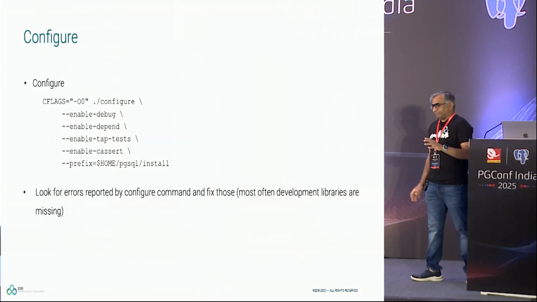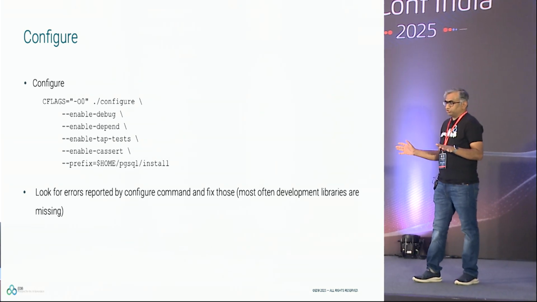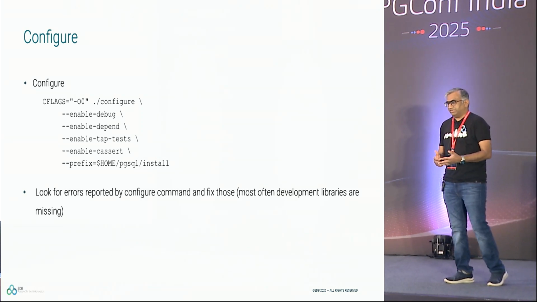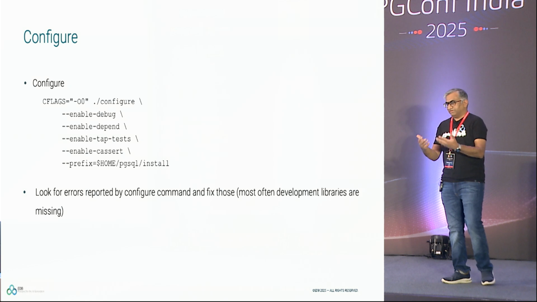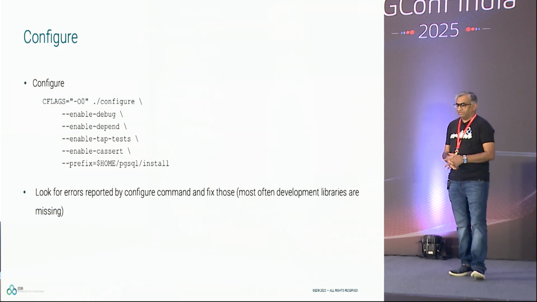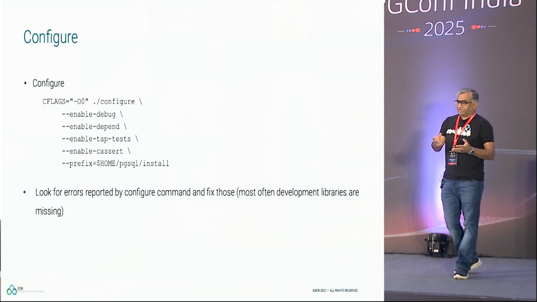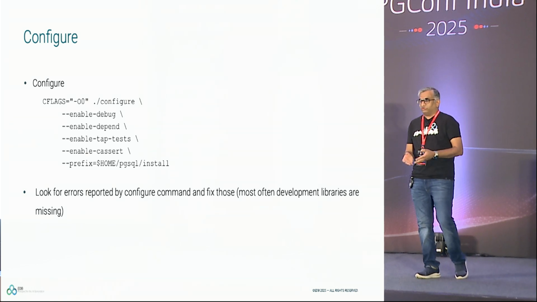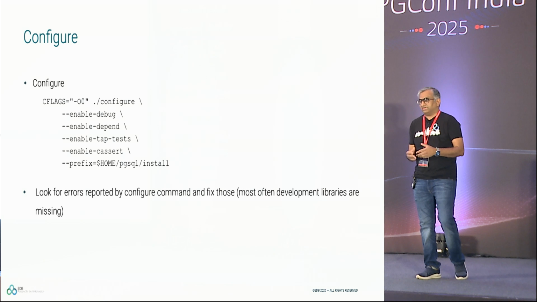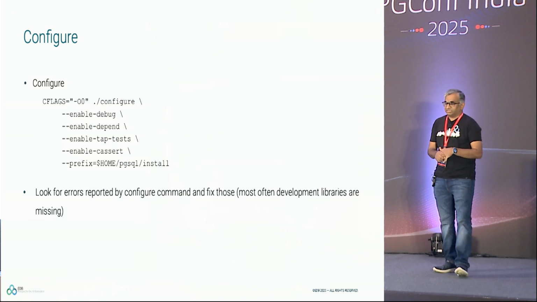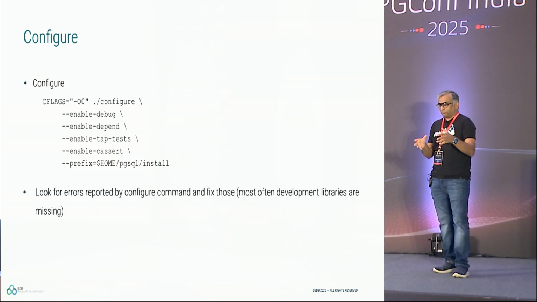Okay, so that's the source code layout. Now the next step is to build your Postgres server, and the first step is you want to configure. Autotools is a very well-known tool in Linux and other Unix-related systems. These days Postgres also provides Meson.